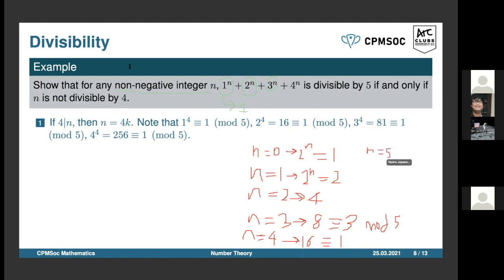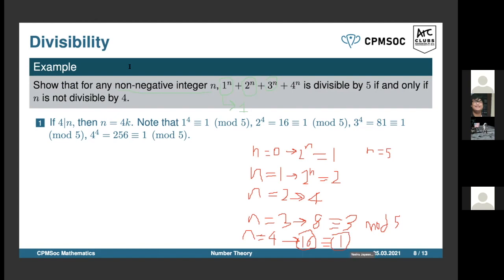What we see is 2 to the 5 is the same as doing 16 times 2. So we can multiply the 16 by a 2. By using the multiplication rule in modular arithmetic, instead of multiplying the 16 by 2, you can replace the 16 by 1 and multiply the 1 by 2.